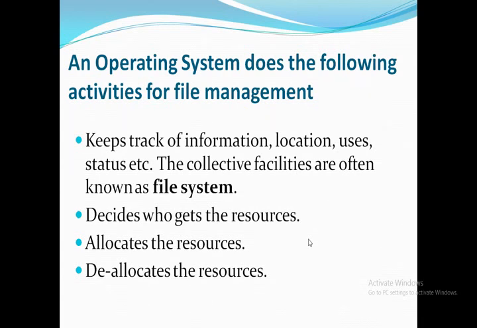It decides who gets the resources, allocates the resources, and deallocates the resources. So the main purpose of an operating system is keeping track of the different activities, deciding the resources, allocating the resources, and deallocating the resources. It may be file management, processor management, or memory management.